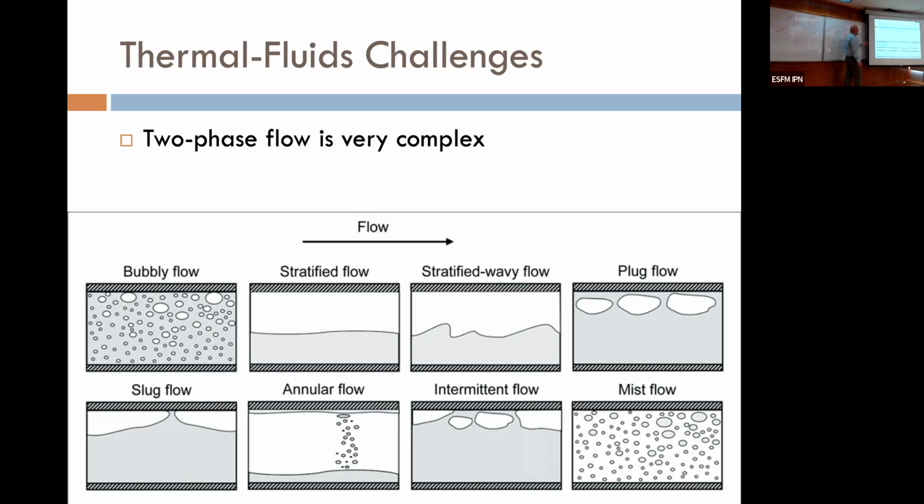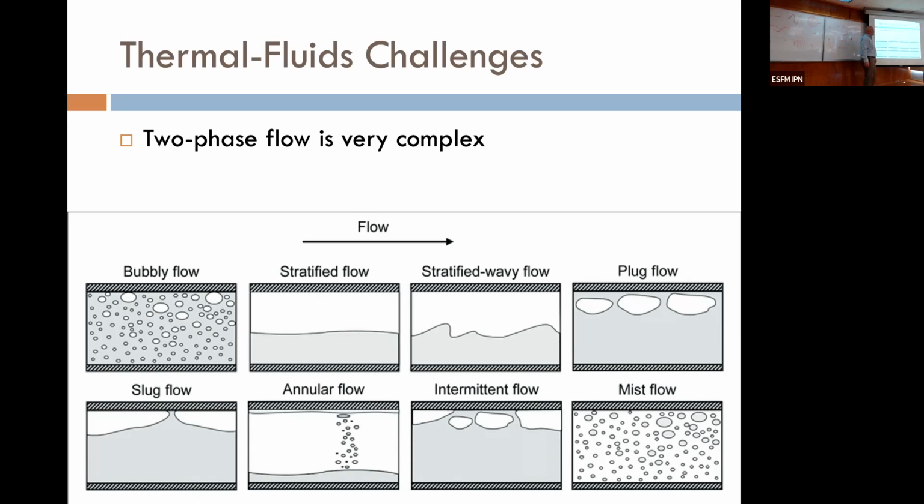Depending on what the velocity is and what the void fraction is, the ratio of void to total volume, you can have your flow in very different geometries. It can just be your gas flowing along at one speed and your water at another, or if that gas velocity increases, it's going to start to create waves, and it's going to create this stratified flow.